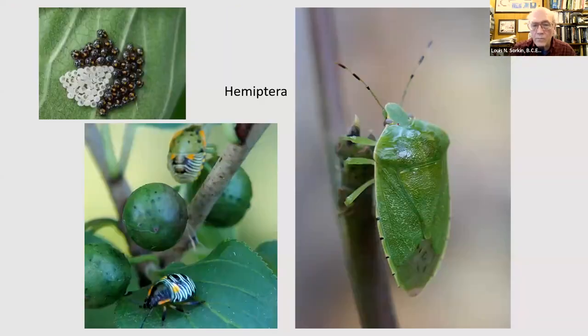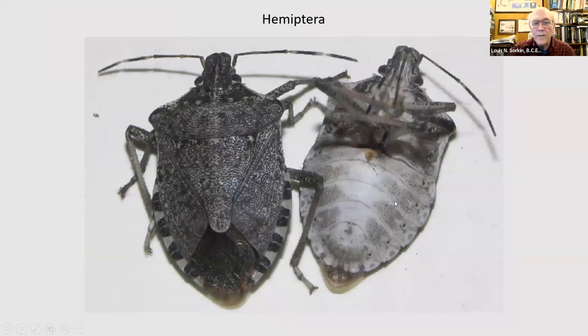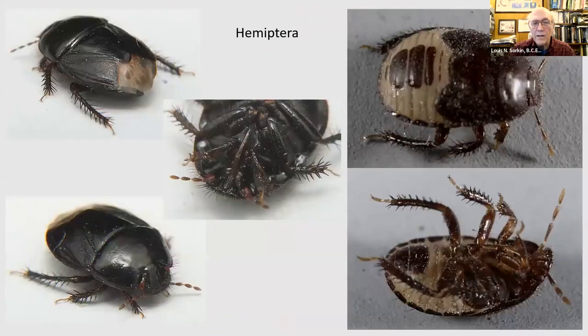And some nymphs of a particular stink bug here, a common brown marmorated stink bug that you might find. And these are the burrowing bugs, cydnids, just showing you the nymph stages and adult stages.